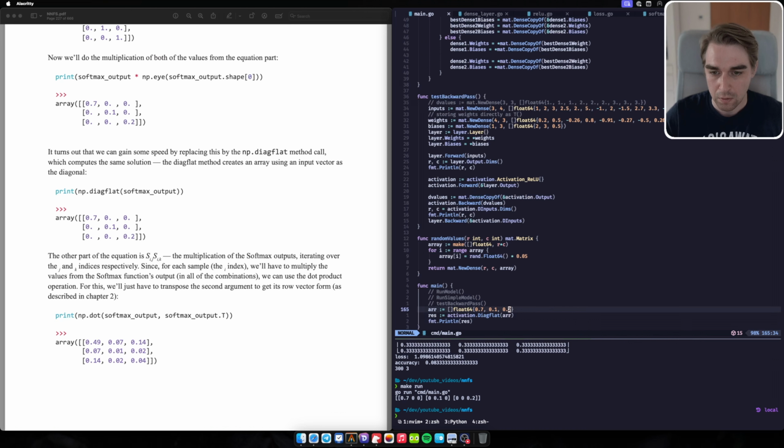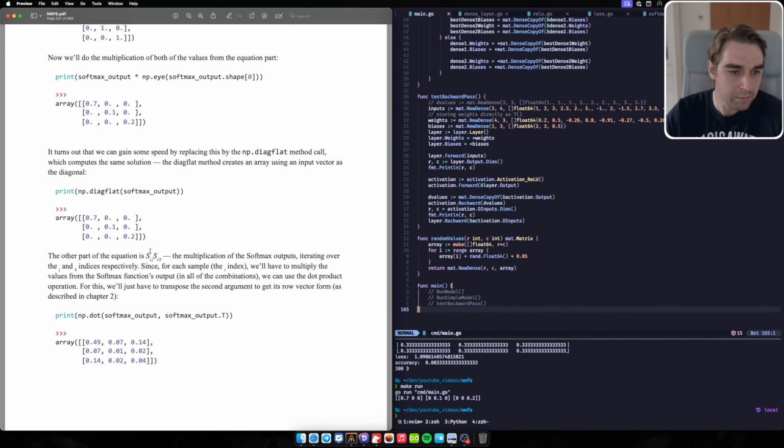Okay. Then the other part of the equation is the multiplication of the softmax outputs, iterating over the i and k indexes respectively. Since for each sample the i index will have to multiply the values from the softmax function's output in all of the combinations, we can use the dot product operation.